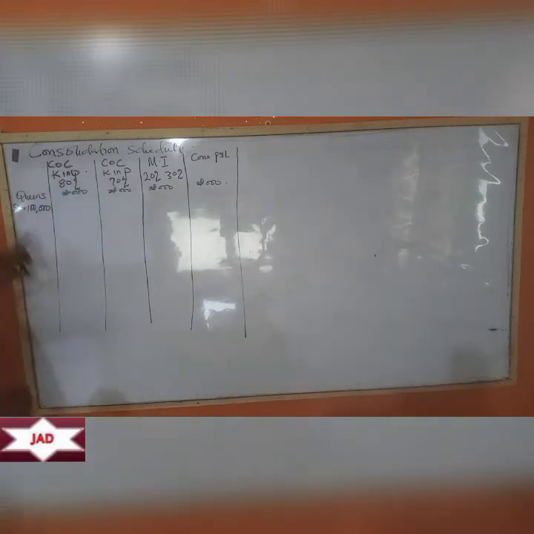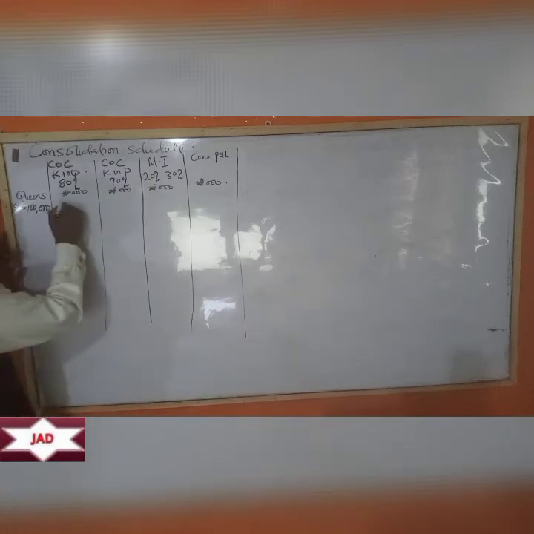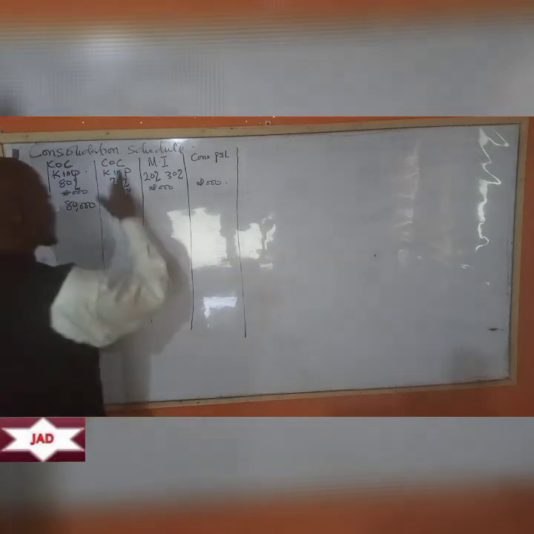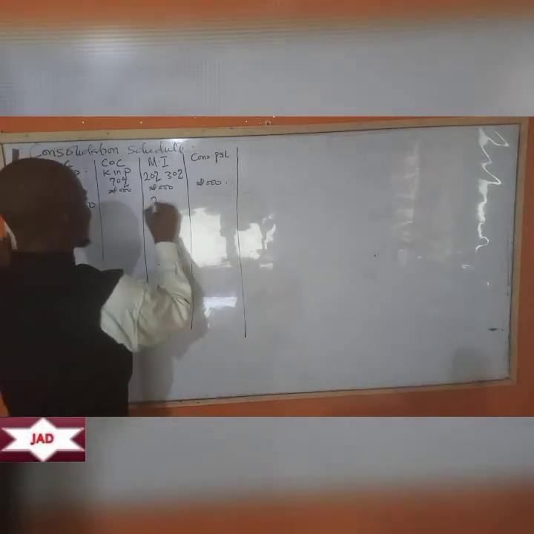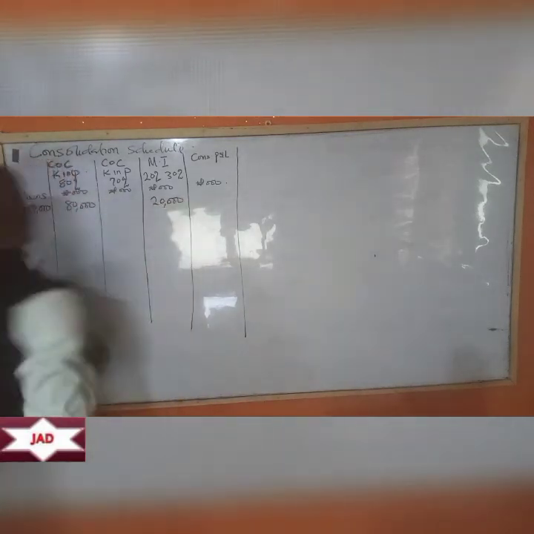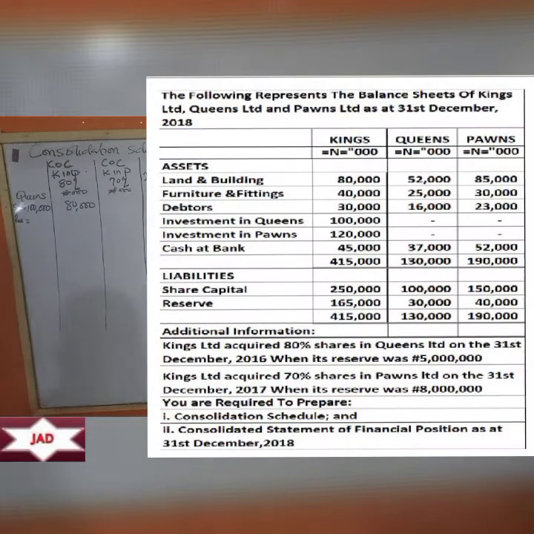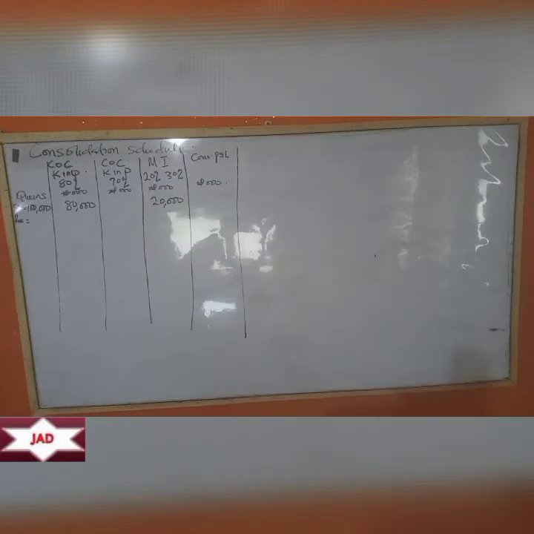So 80% of 100,000 is 80,000, and 20% will be 20,000. Then the reserve. What's the reserve for Queens? The reserve for Queens here is 30,000.